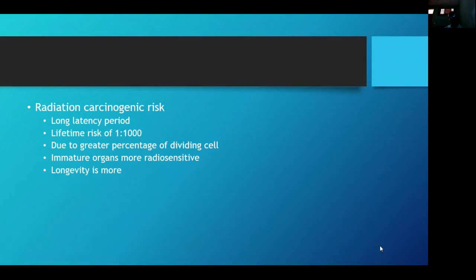Therefore, you tend to want to order a CT scan with caution with children.